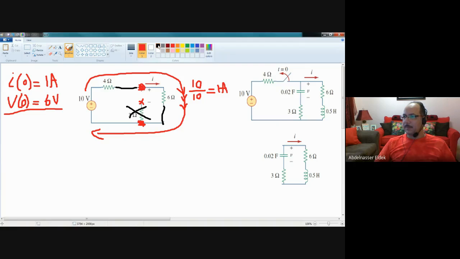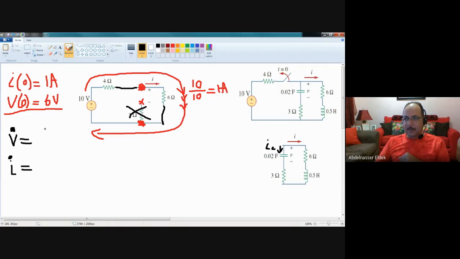So let's use a different color. V dot or dV by dt, and I dot of t. As I said here, dV by dt for the capacitor, you can get it from the current here, IC. So I want to calculate the current IC.